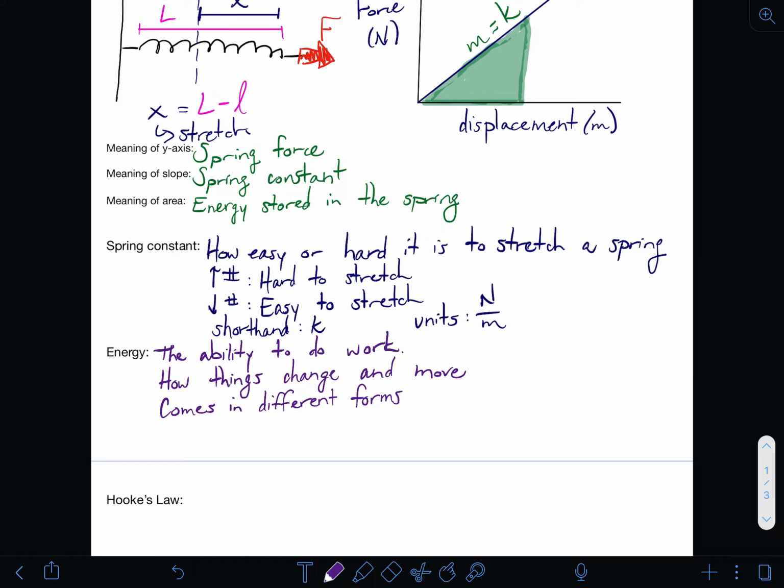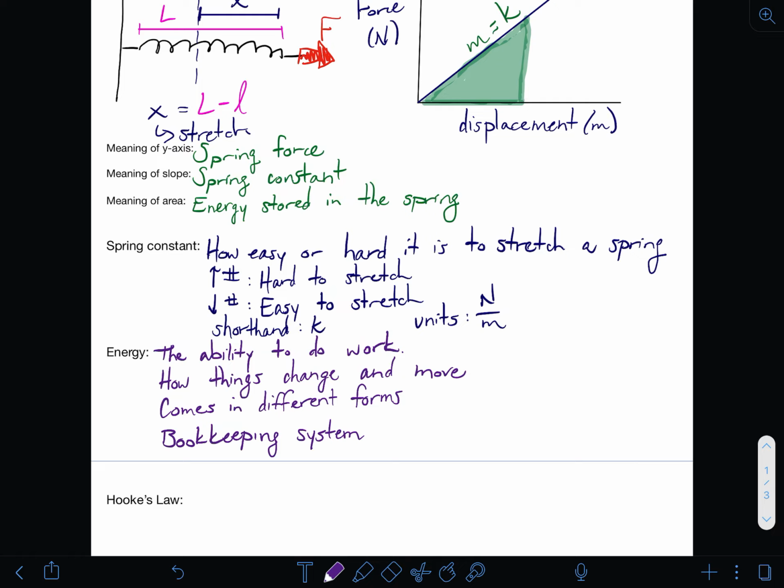But we do understand that if we can keep track of energy, if we use energy almost as like a bookkeeping system, if we can keep track of it as it changes its form, if we can keep track of it as it gets transferred from one object to another object, right?